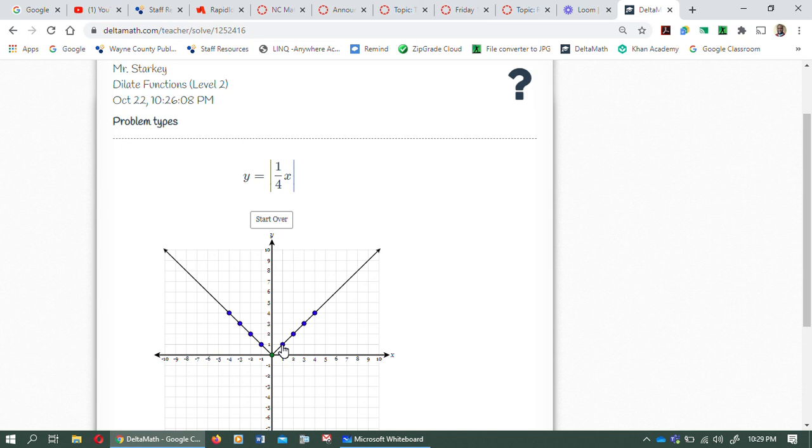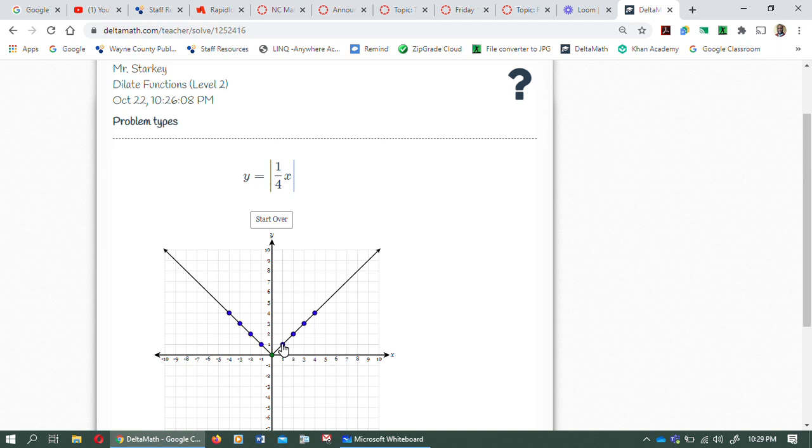So if the scale factor is 4, then you need to take the x value and multiply that x value times the scale factor 4. The point where my mouse cursor is has an x value of 1. It's going to be a horizontal stretch using a scale factor of 4.